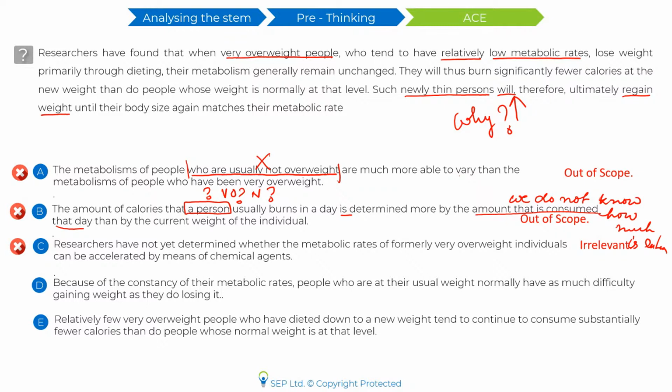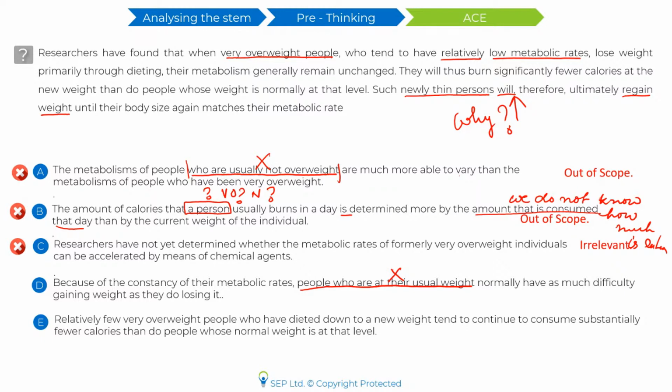Because of the constancy of their metabolic rates, people who are at their usual weight, again, this is not the category of people we are talking about. We are talking about newly thin people. That means people who are not at their usual weight. They were very overweight, now they become a different weight. So we're not talking about the right category of people.